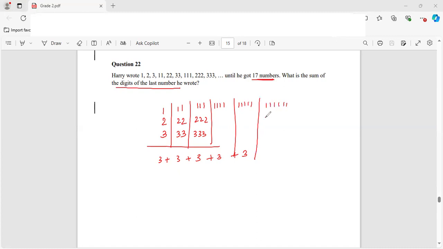So here you'll have 6 times, and this will be written 6 times. This will be my 17th number. So what will be the sum of the digits? You are writing 2 six times, so the sum of the digits has to be 12. So the answer here will be 12.